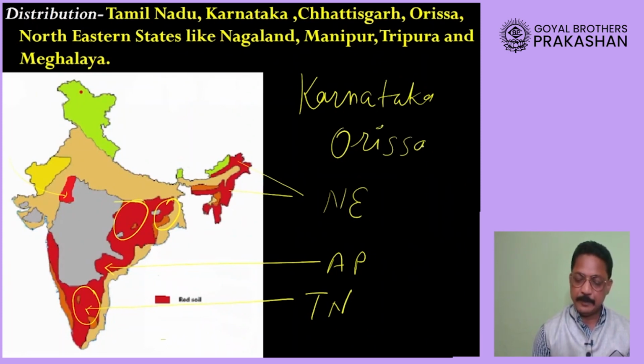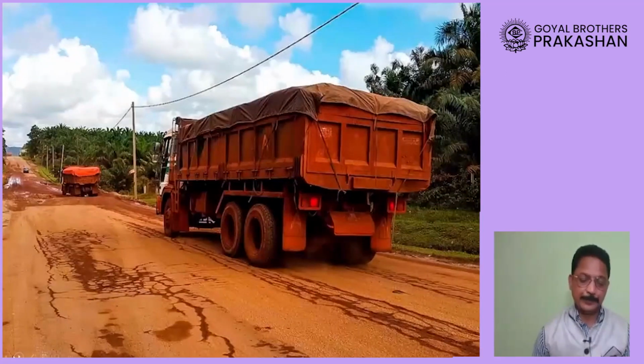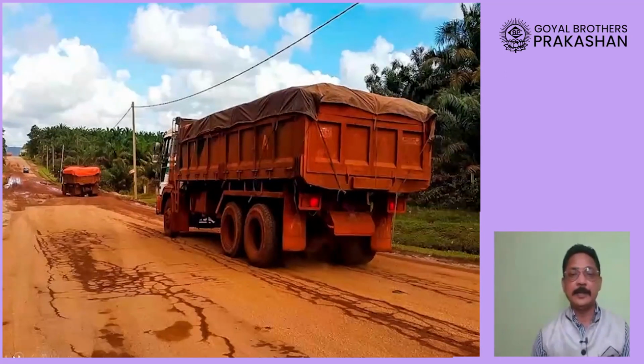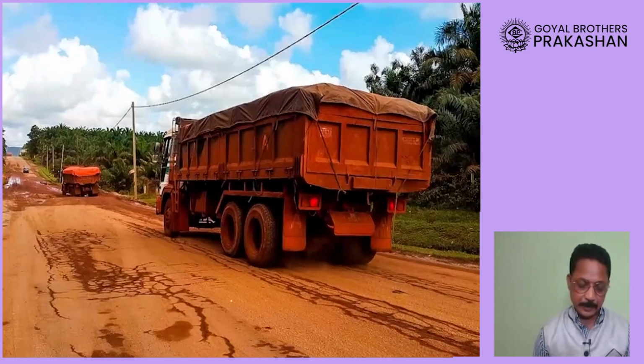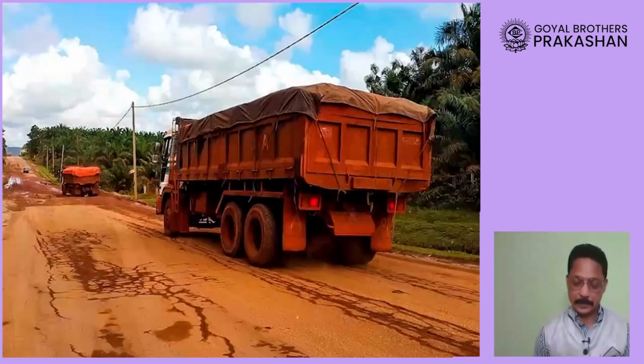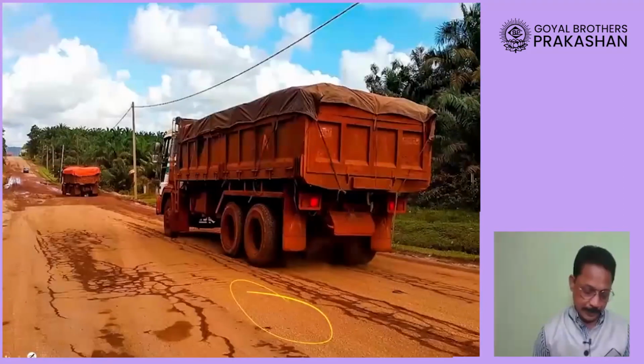Okay, so if you look at the map, dear students, and if you memorize the location of this soil, you will be able to write down places where this soil is found in India. Okay, now this is the real photograph taken from the state of Tamil Nadu, dear student. You will find here this soil is reddish and to some extent yellowish in color.